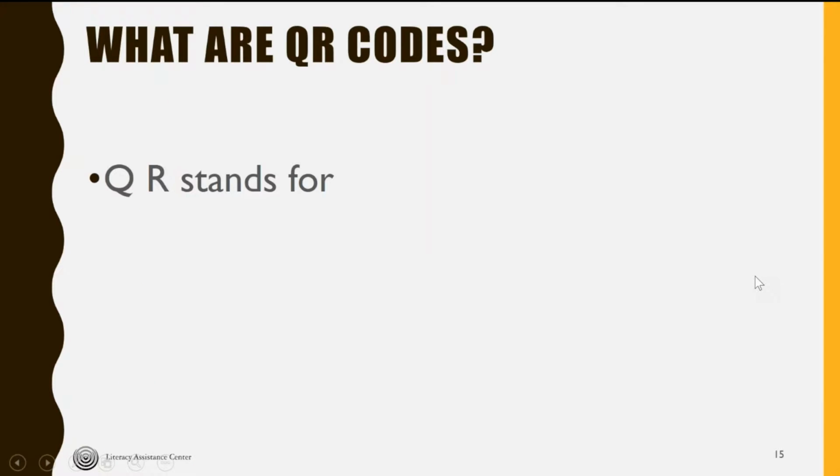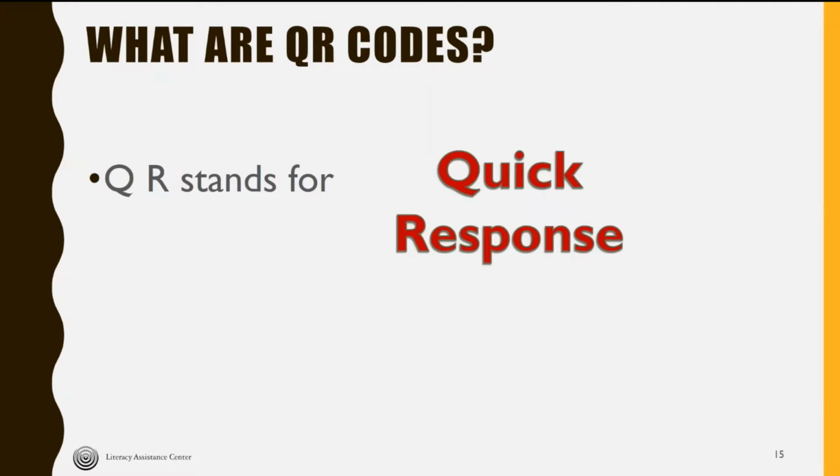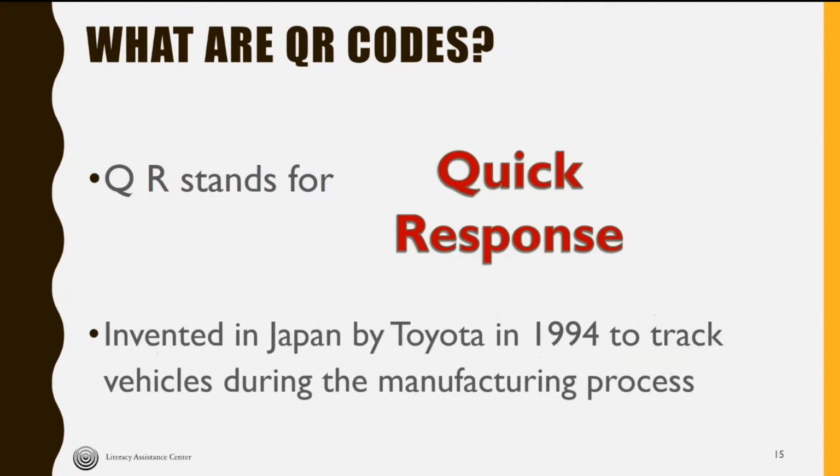So QR stands for quick response, and they've been around since the 90s, but they were used mostly in industry until smartphones were more prevalent, because they require something to scan them, and we weren't all walking around with something that could scan any kind of code at that point.